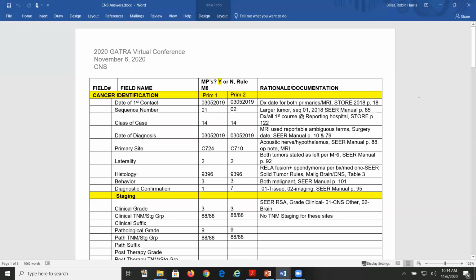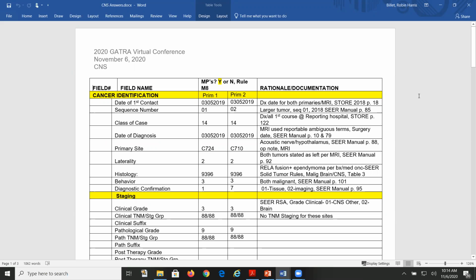We have one in a brain subsite and one in a cranial nerve subsite. So one is the C724, the left acoustic nerve, that is a cranial nerve subsite, and the other, the left hypothalamus, is a C710 subsite. That's a brain subsite. So we do have multiple primaries here.